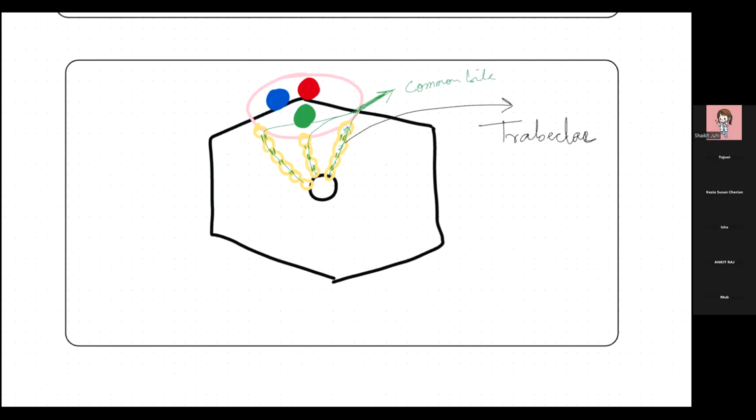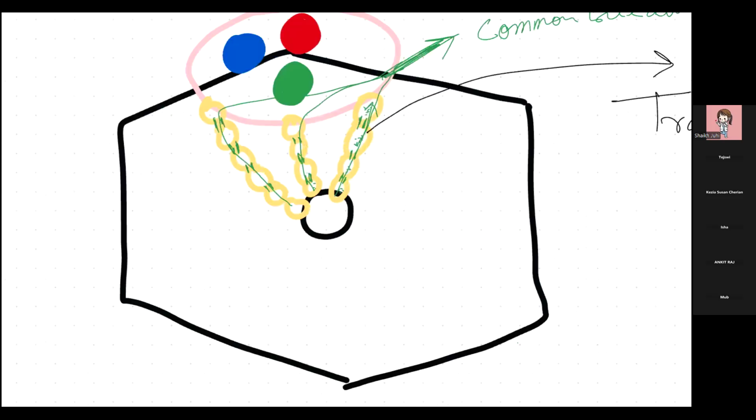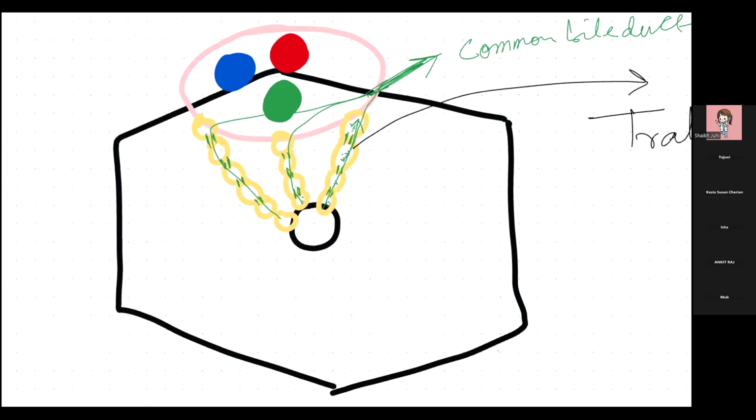Okay, so I hope it is clear how the bile is forming in the cell and how it is getting secreted out. Now, another part of the hepatocyte, let's zoom in, see. Now what will happen inside? We know that the capillaries are there, isn't it? These are the capillaries present inside.